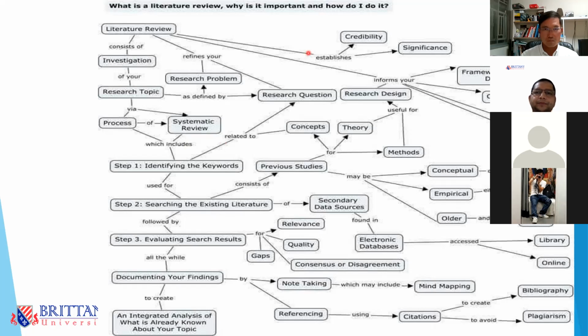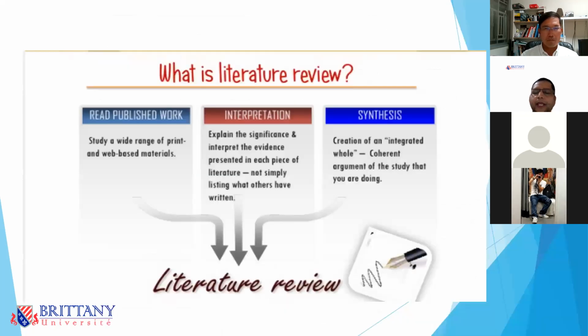So let's move on. Any questions so far? No questions, right? So again, I'm repeating: what is literature review? By that, you have an understanding of what a literature review is. Read the published work, published in journals, conferences, in the form of textbooks, interpret it, try to digest it, then synthesize.